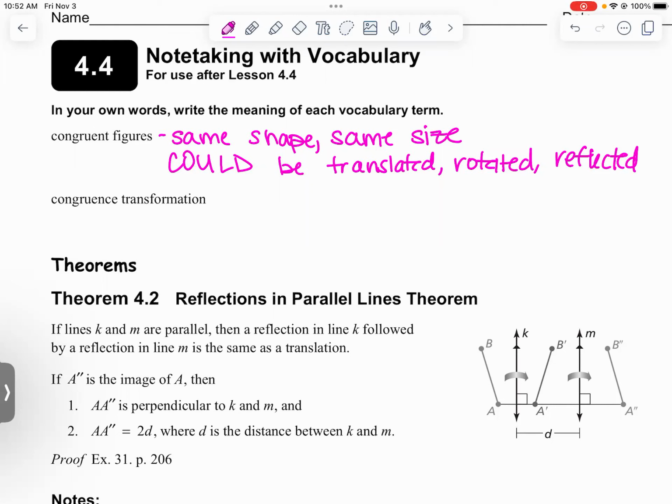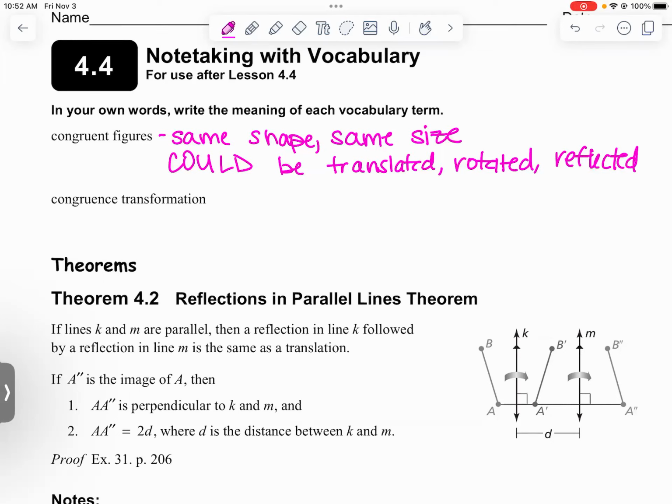right? Any transformation that we've done so far, what you took your quiz on yesterday that I haven't been able to grade, anytime you did one of those transformations, your shapes were still congruent because they did not change in size. They just changed location and or orientation.